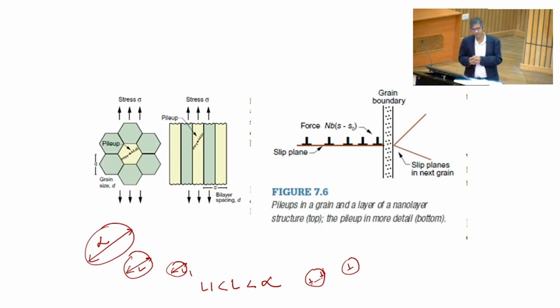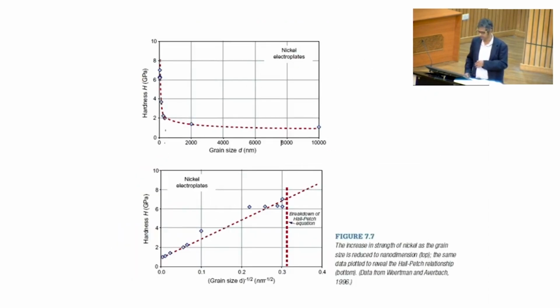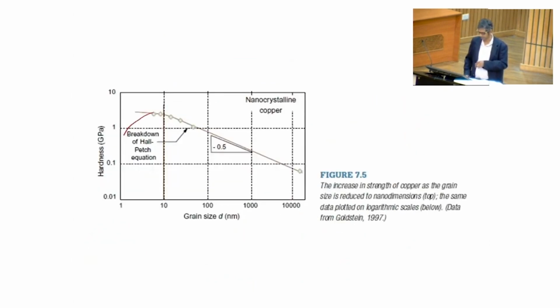So I would rather say that these aspects of pile up and the force acting on the obstacle can only happen when you have a critical size of grain, and that size is where this kind of breakdown of the Hall-Petch relationship or equation can happen. Okay, you can see it is happening here, it is happening there also, it is happening here also. So everywhere it is happening, correct?